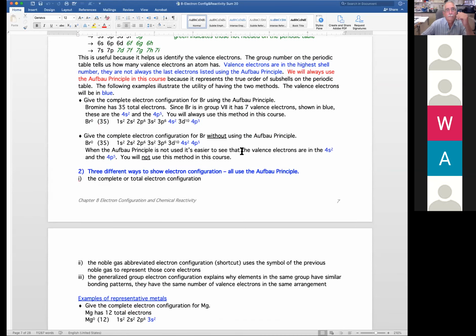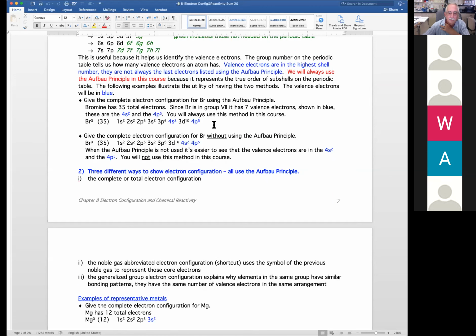Here's the reason. Bromine is in group 7, so it has 7 valence electrons. So what are those 7 valence electrons? Well, you would have to remember that the valence electrons are in the highest numbered shell. They're not simply the last electrons that you see on the Aufbau principle. So in this case, they're split from one another.